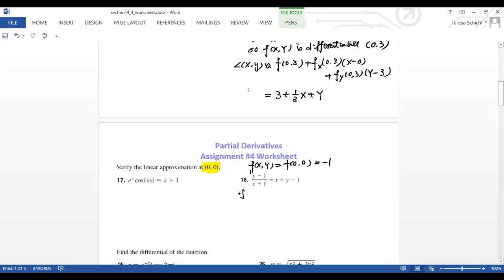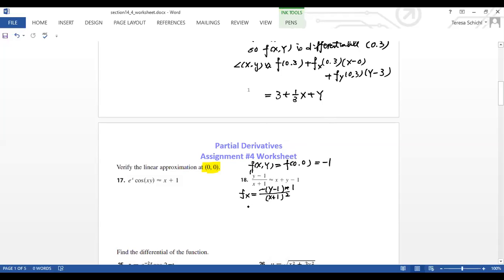Okay, so now let's do the same here. The partial derivative of x. What is the partial derivative of x? Quotient rule, right? So it's (x plus 1) squared, then hold the bottom, the derivative of the top is 0, so minus the top, hold the top, minus (y minus 1), times the derivative of the bottom, which is 1, right?